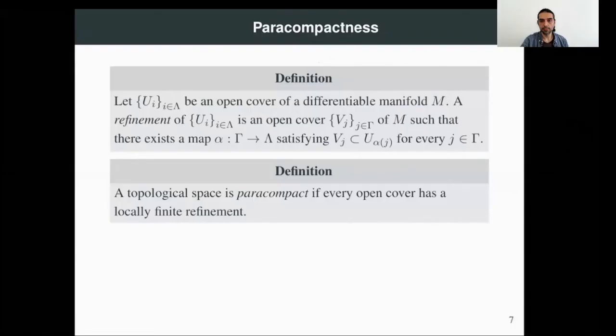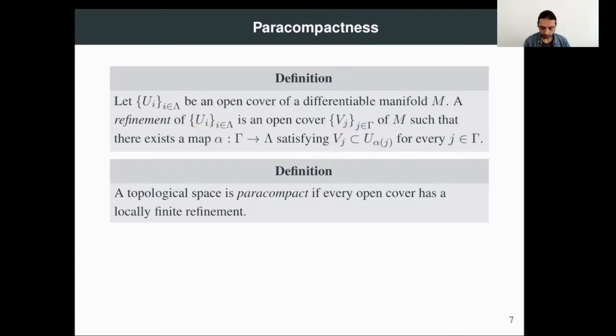Let us consider now the other condition that appears in the partitions of unity theorem, paracompactness. Let's give the definition of paracompactness. Consider an open cover of a differentiable manifold M. A refinement of such an open cover is another open cover such that every element of the new open cover is contained in an element of the old open cover.